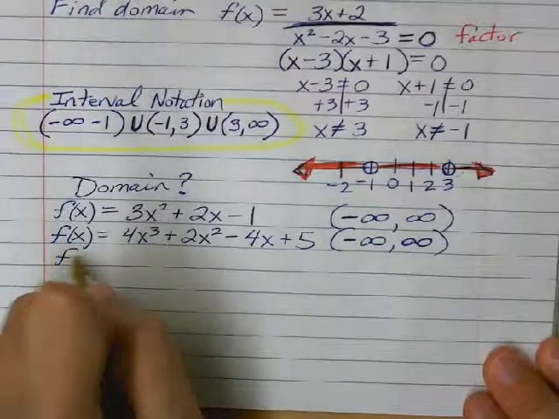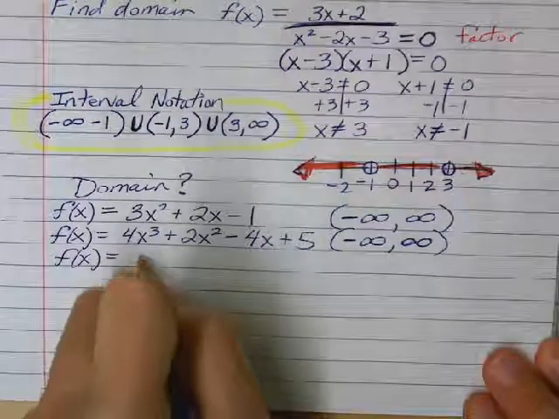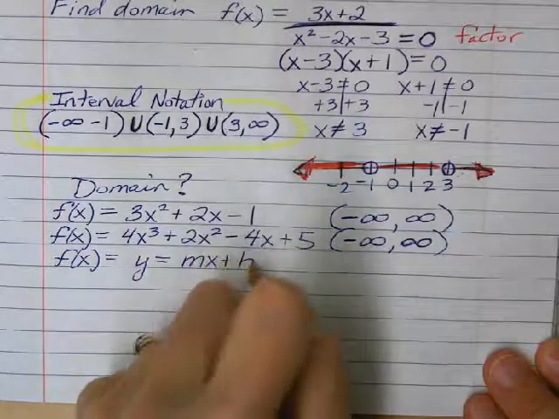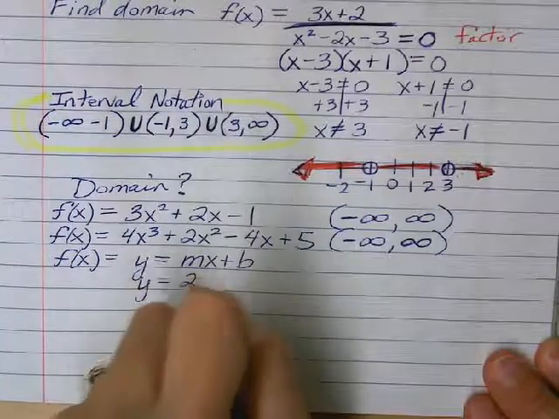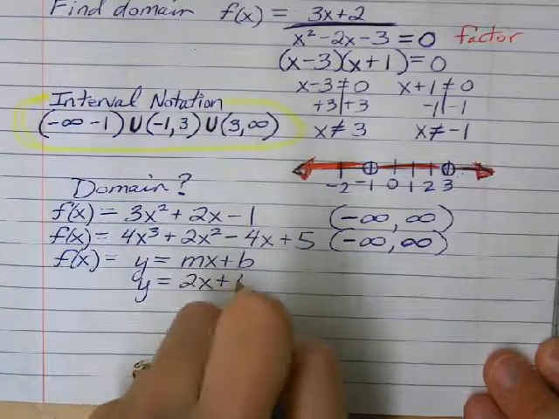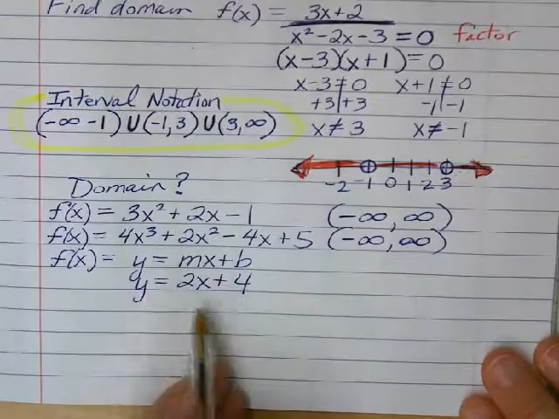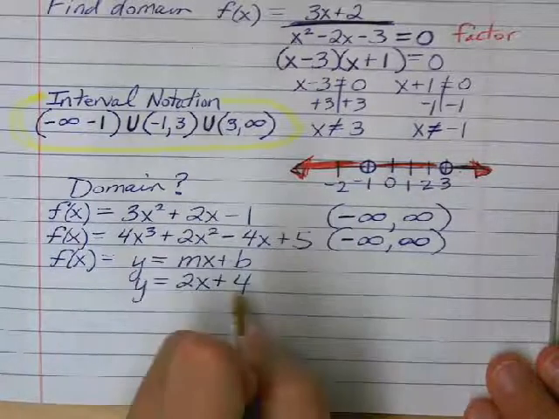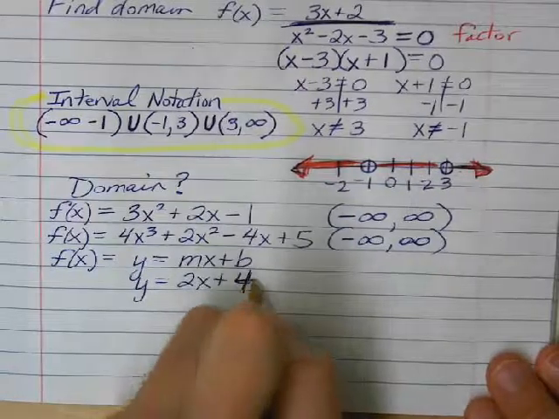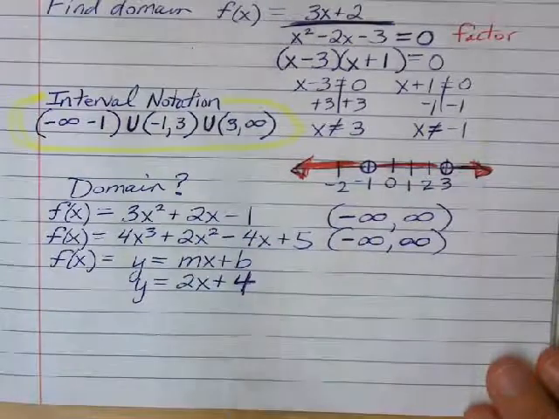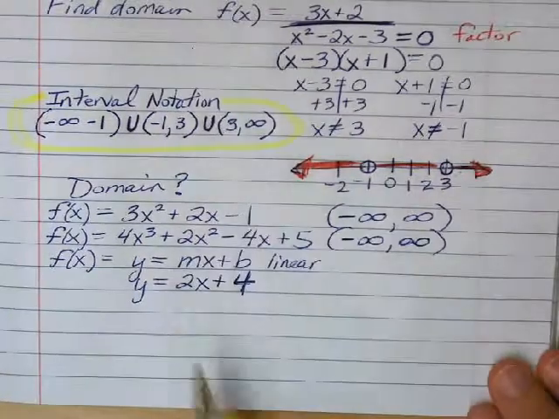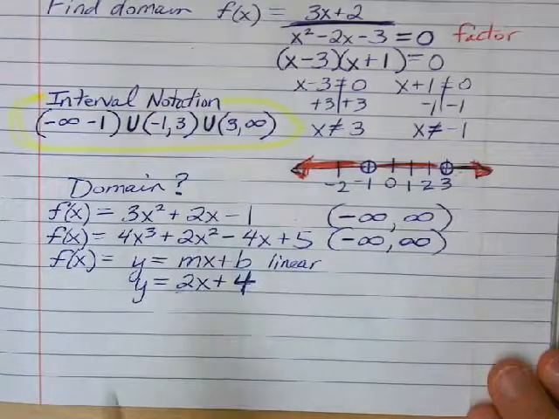What about a linear equation, like y equals mx plus b? What about one of those, like y equals 2x plus 4? What kind of domain does it have? Just so you know the different kinds of graphs. This is a linear equation, just a line, y equals mx plus b, something like 2x plus 4.